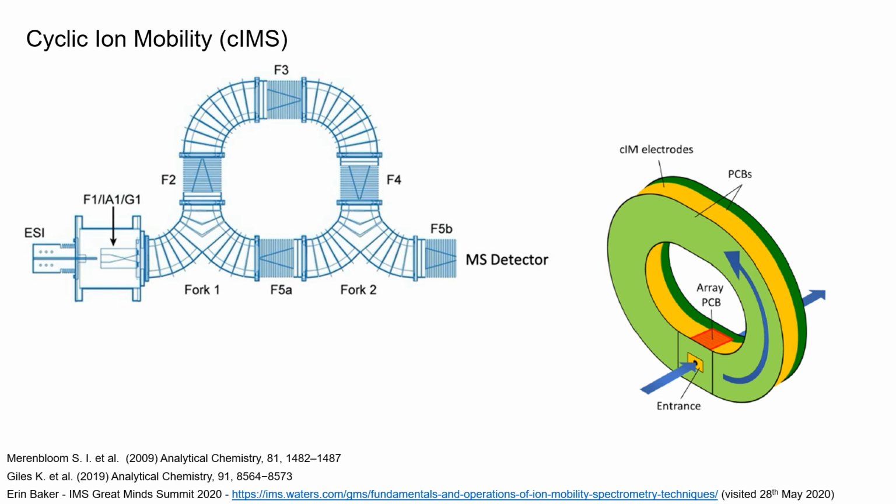Not only this, we don't have to forget the high-resolution ion cyclotron mobility spectrometry system developed by the Clemmer Group in 2009, which inspired Waters scientific fellows in a way that in 2019 the Cyclic IMS was finally launched, demonstrating remarkable separation capabilities.